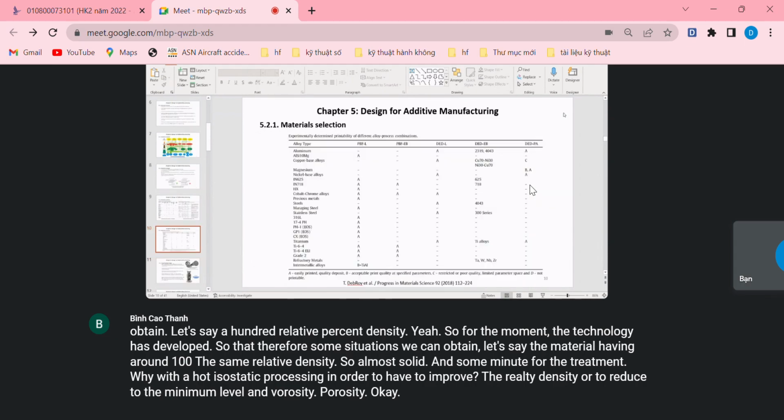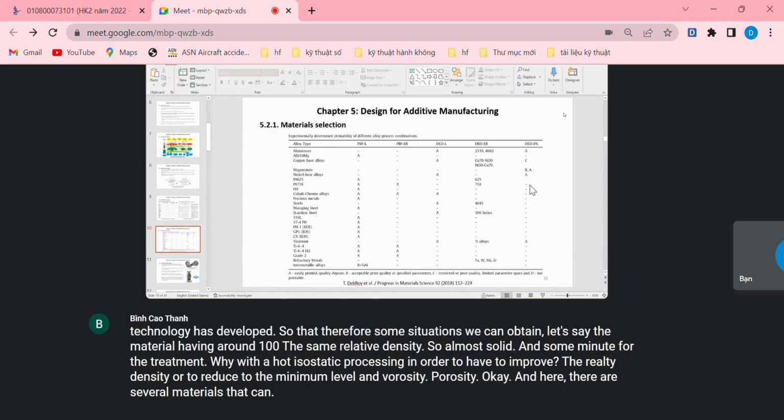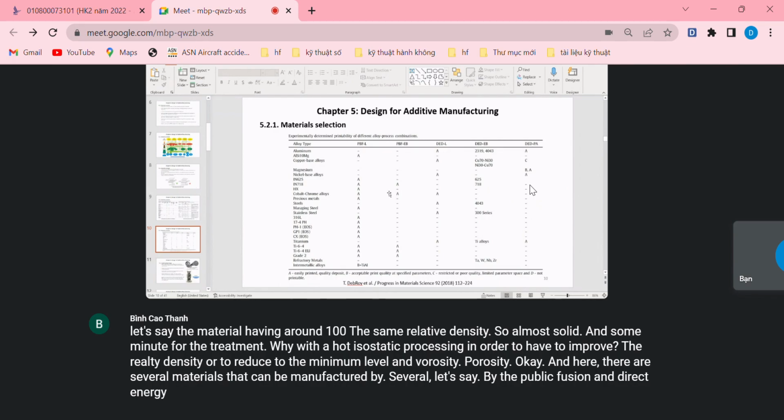And here there are several materials that can be manufactured by powder bed fusion and direct energy deposition.